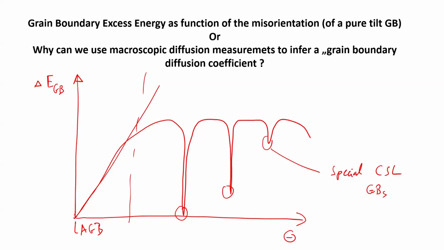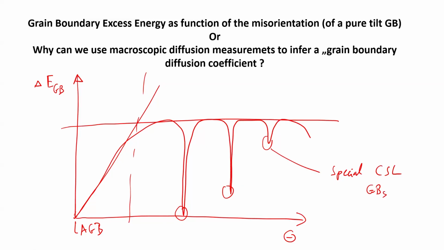Again, there are not so many often, and even if there are many, their diffusivity will be low because diffusivity in the grain boundary scales with excess energy of that grain boundary. And for the rest, experiments as well as simulations have shown that it's rather constant.